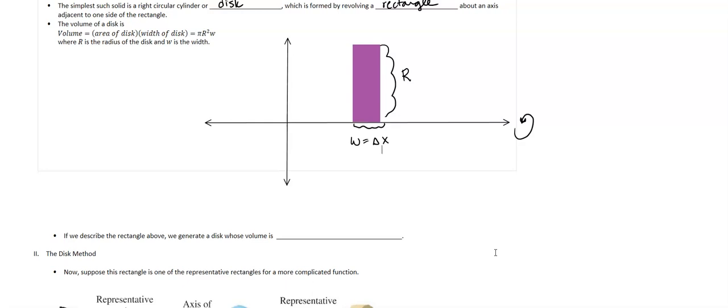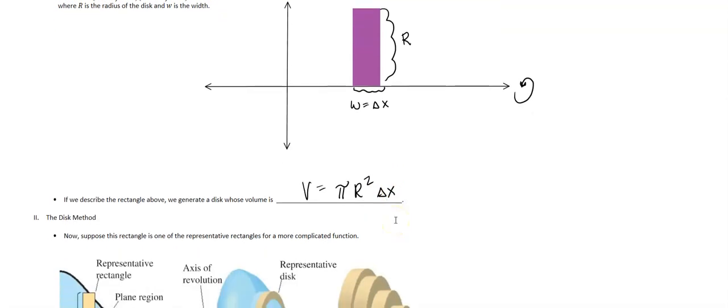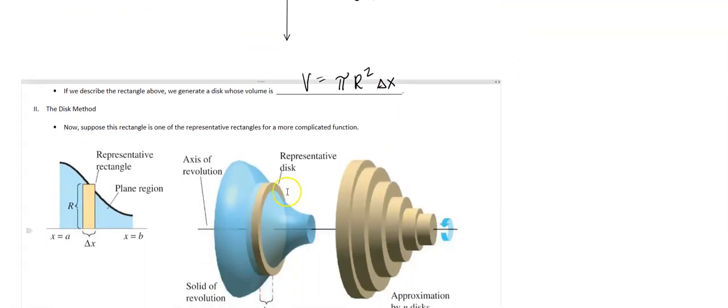And if we revolve the rectangle above, we're going to generate a disk whose volume is V equals pi R squared times delta x.